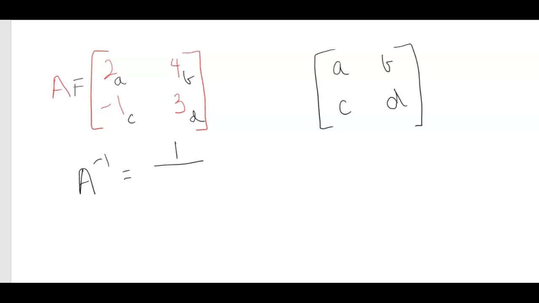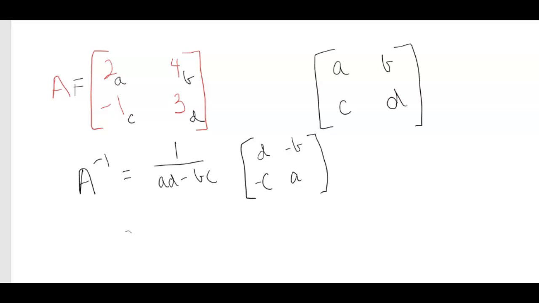So it's 1 over AD minus BC. And then we multiply that. We switch the A and the D. And then your B and your C, the numbers stay, but you're just multiplying it by a negative. So if it was already a negative, it becomes a positive, and if it's a positive, it becomes a negative.